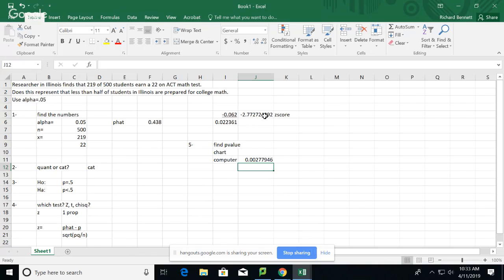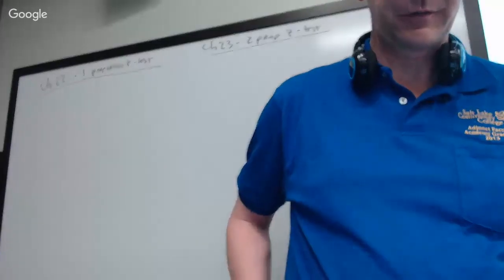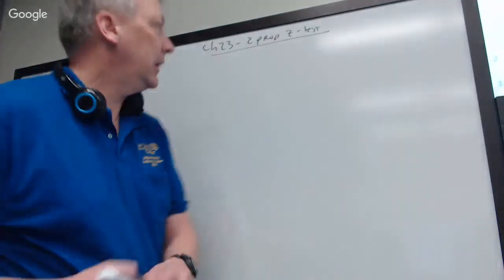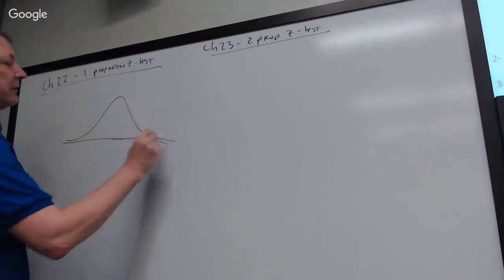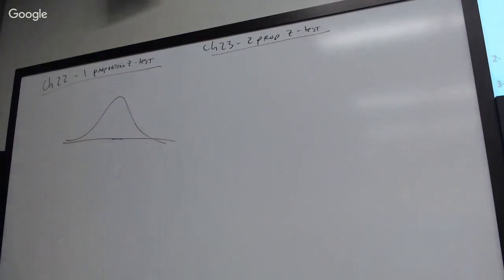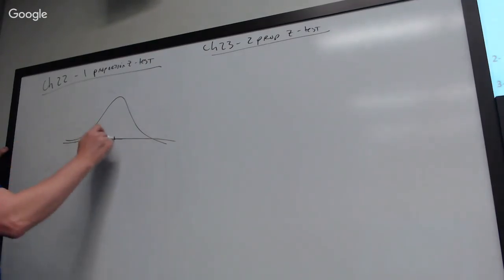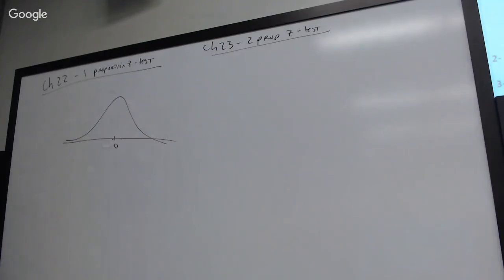You forgot to do that. Okay, let's draw our picture here. What's going on with our picture? Okay, tell me what to draw. Bell curve. What's the mean of my bell curve? Zero. What value did I get? 2.19. No, I lied.